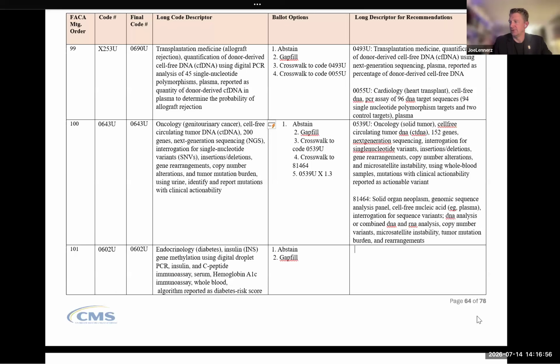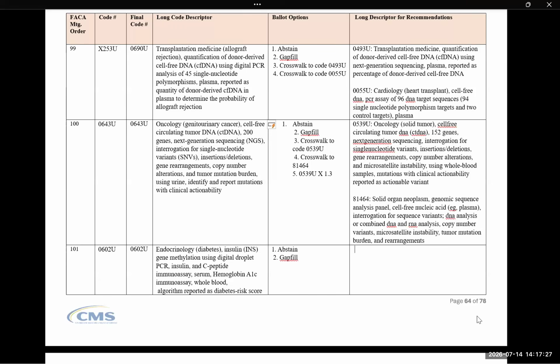Unfortunately, there is no single gene methylation code by digital droplet PCR available. The closest we found is an MGMT assay, and then we would still need to stack 2 additional category 1 codes. After review of this, the subcommittee as well as myself felt that gap fill is the best representation of this combination of tests. So recommendation is gap fill.